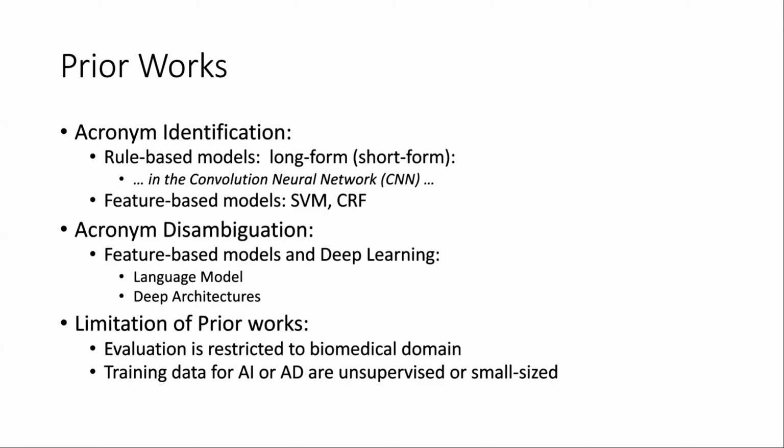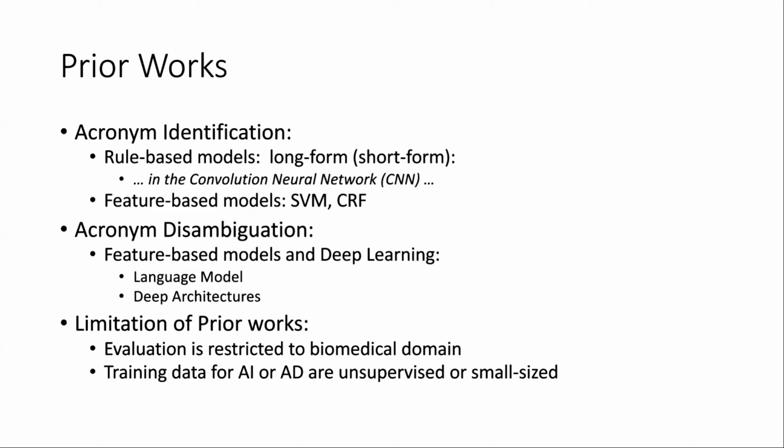In addition to the feature-based models, recently deep learning has been widely used for this task. And we can categorize these works into language-based models and the models that use deep architectures. The language-based models try to embed the different meanings of an acronym in an embedding table that will be fine-tuned on the training data.